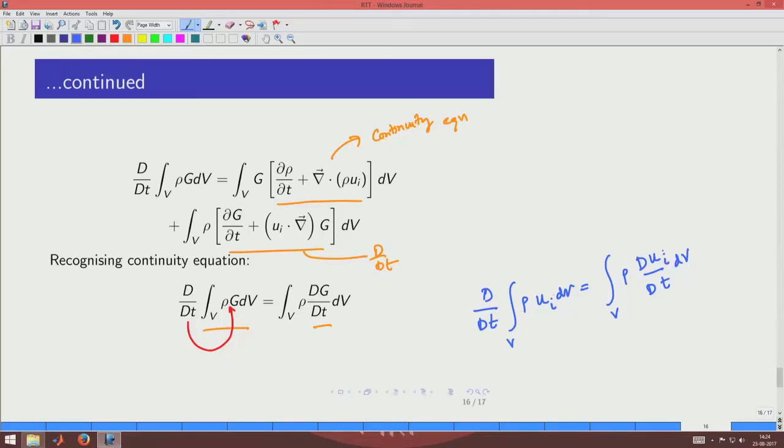Now this is valuable because this is nothing but momentum, and this together gives you the rate of change of momentum, and therefore rate of change of momentum can be related to acceleration. So we can see that this term is nothing but acceleration in Eulerian specification. So we have a way by which we can take this d by dt inside the integral, and that is going to be useful for us in a moment in the derivation of the Navier-Stokes equation.